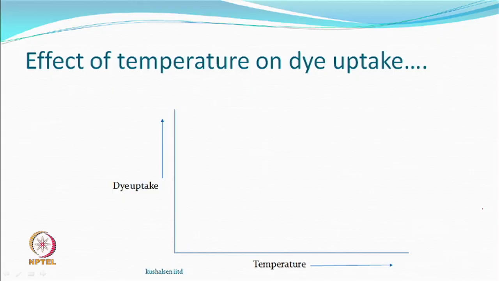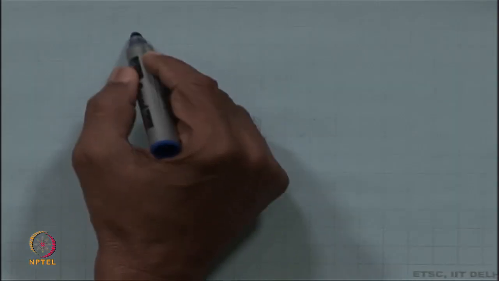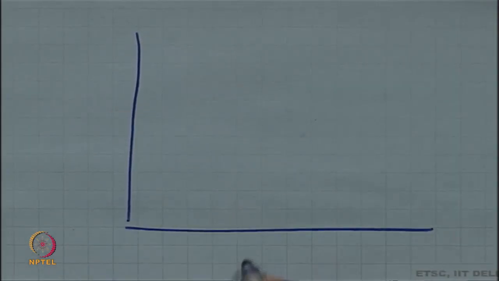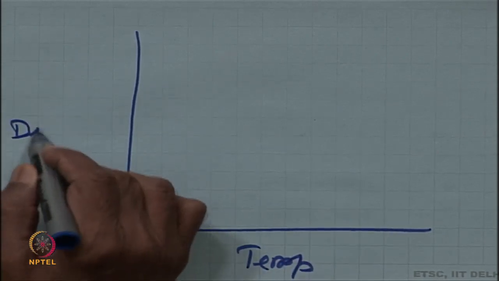Suppose I am doing texturing at different temperatures, and I also want to know what is the dye uptake of a textured yarn. What do you think would be happening if I plot temperature versus dye uptake?